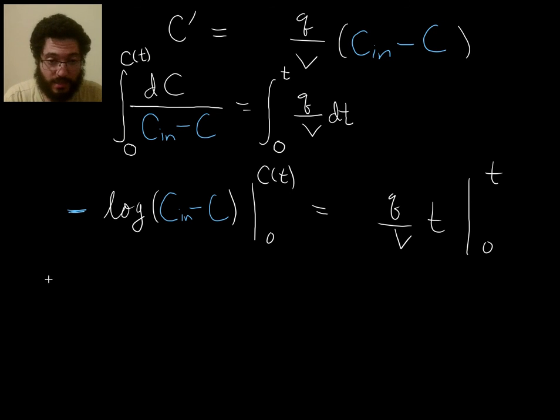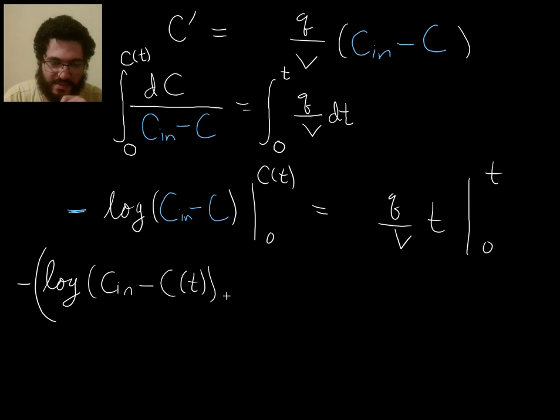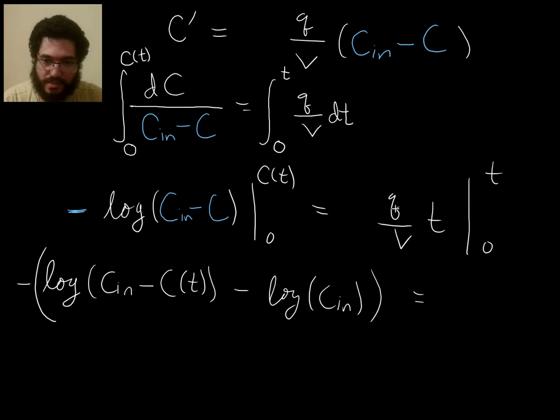So here I get negative log of c in minus c of t, minus log of Cn, equals Q over V times T minus 0.